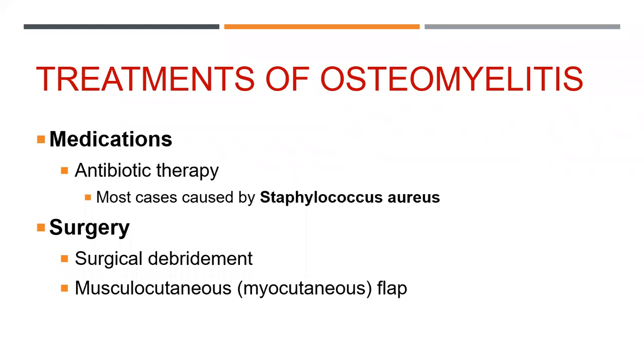This is a type of bacteria that is normal within the flora of the skin. Surgical debridement. Sometimes we may have to go in and actually pull out some of the infectious material from inside the bone. And the way that we would do that is through a myocutaneous flap.